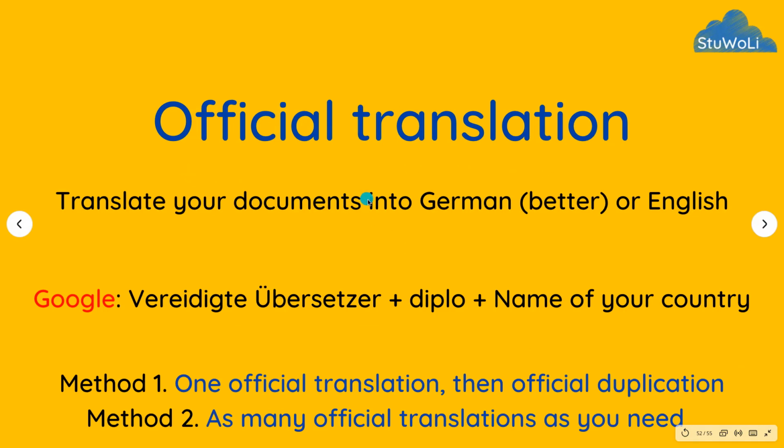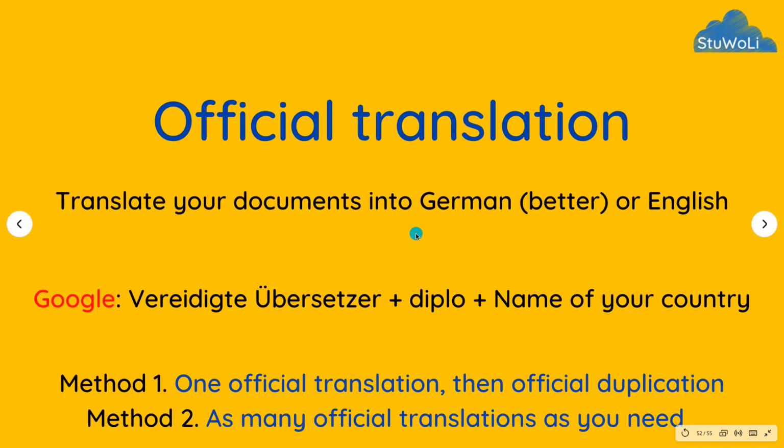If your documents are not in English or German, you usually need to translate them. There are some Studienkollegs here and there who accept, for example, French. Usually I have seen sometimes that they accept French documents. But generally, for the majority of Studienkollegs and universities, you need to have your documents in English or German.